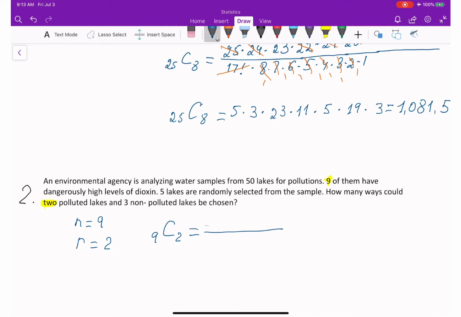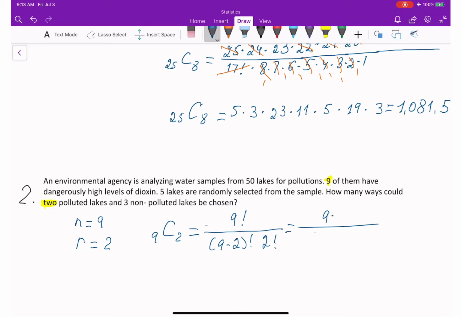is equal to 9 factorial over 9 minus 2 factorial and 2 factorial, which is equal to 9.